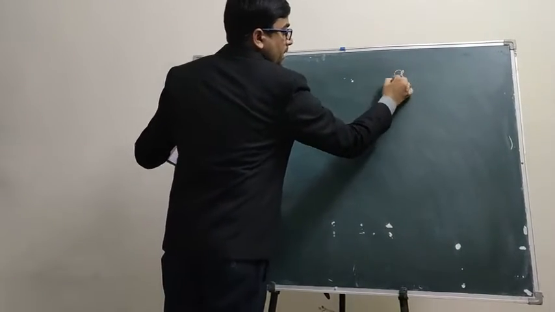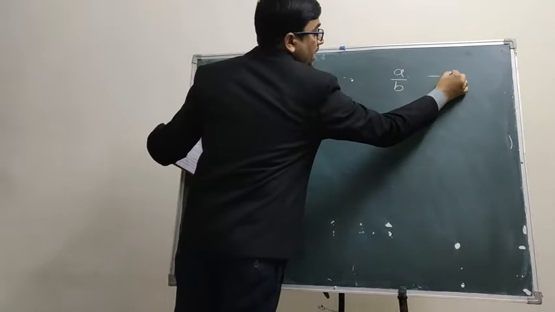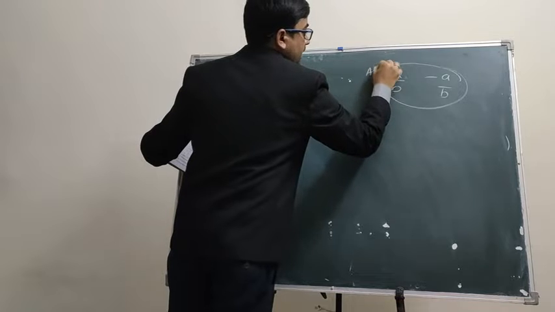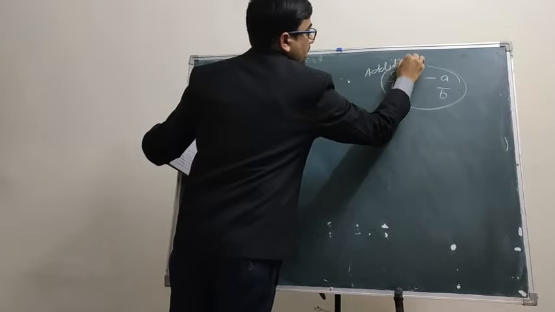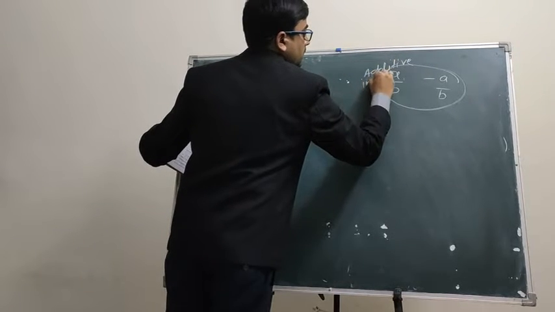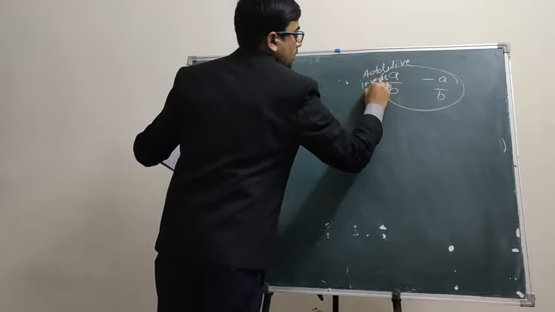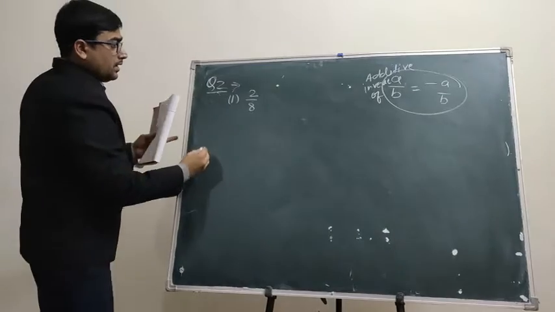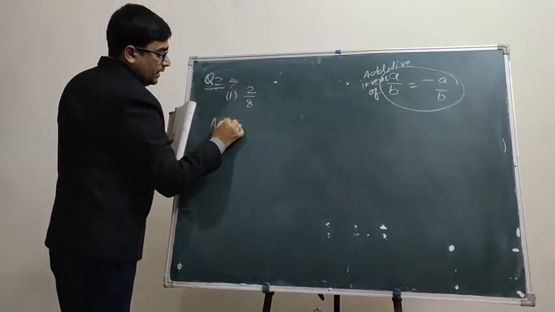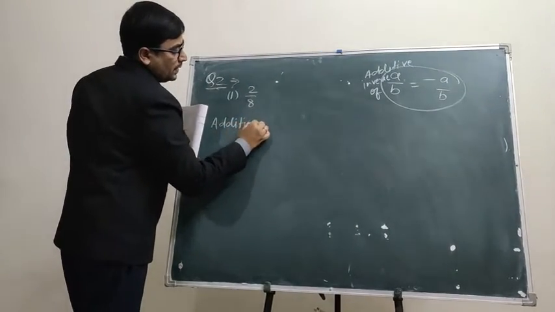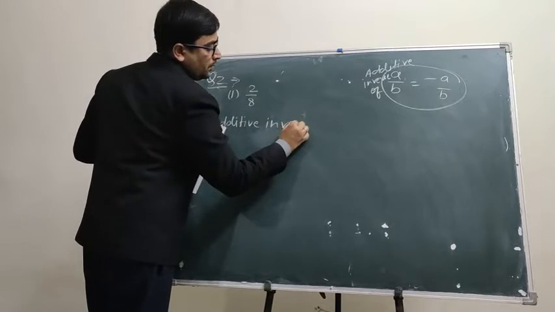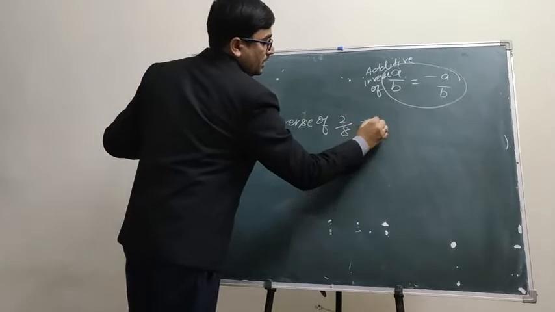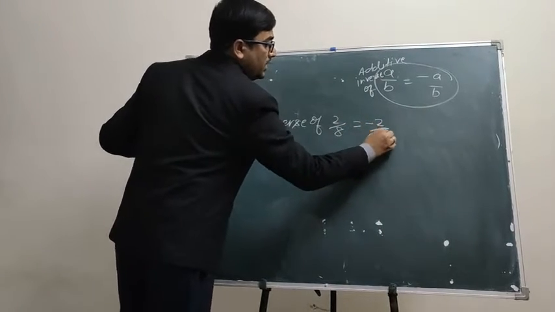Additive inverse of A by B is minus A by B. Additive inverse of A by B is minus A by B. Like you can write here, additive inverse of 2 by 8 is equal to minus 2 by 8.